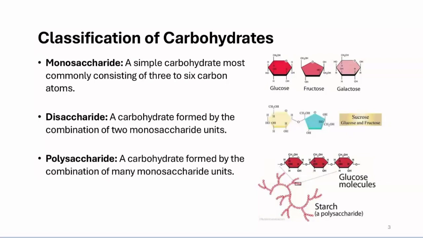So we know that these structures form a polymer, which is going to be a long chain of these single units, monosaccharides. And to give you an example of a polysaccharide, on the right side of the slide, we have the structure of starch. Starch is a polysaccharide that is actually made of glucose molecules.